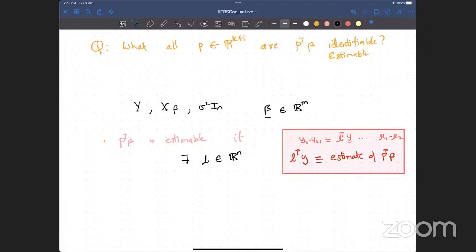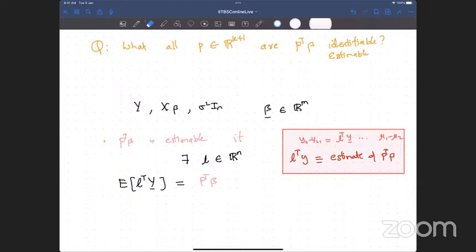This is estimable if I have an L for which L transpose of my vector y has the same mean as given by P transpose beta. That's when I say the parameter is estimable. And this should be true no matter what beta is.